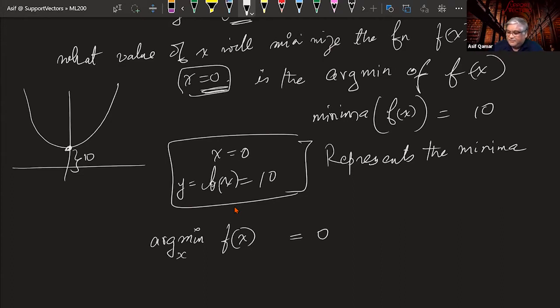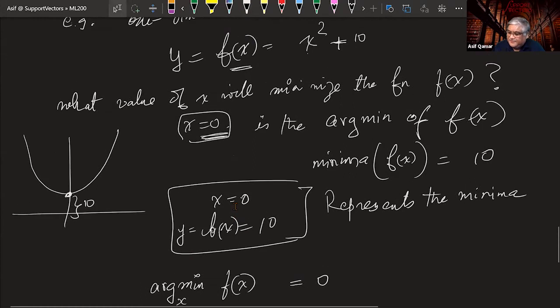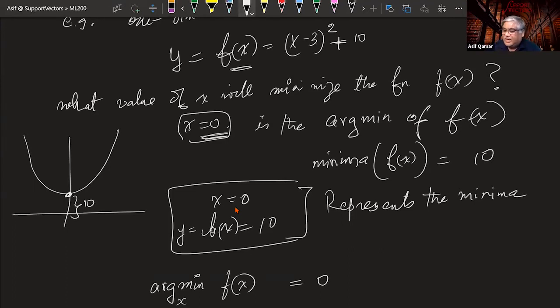Is this getting any clearer, guys? Yes. So this is the meaning of arg min. Let me deliberately complicate this problem: I'll make it (x minus 3) squared plus 10. Now what value of x would minimize this? Can you guess? 3.